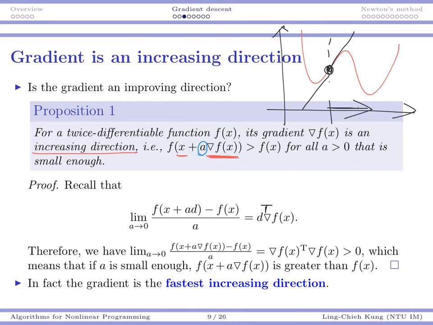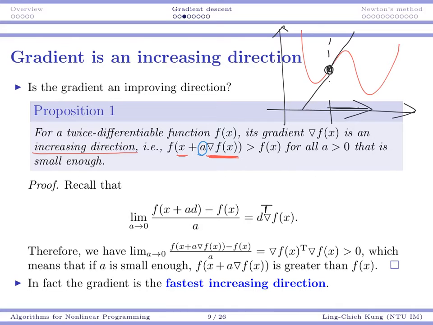And of course it is positive as long as the gradient is non-zero. Also, if a is close to 0 enough, then the difference is going to be positive.